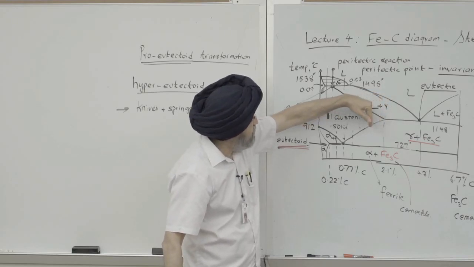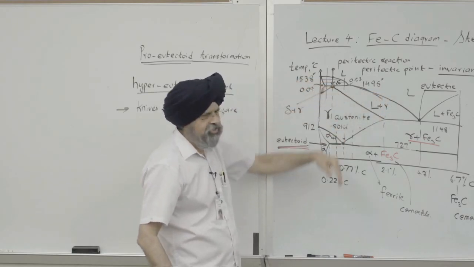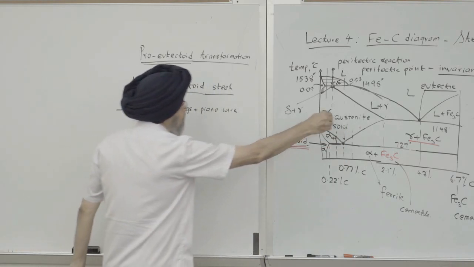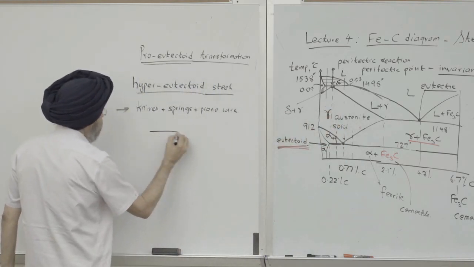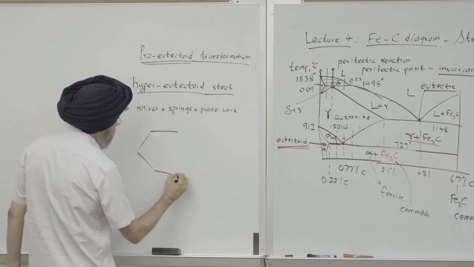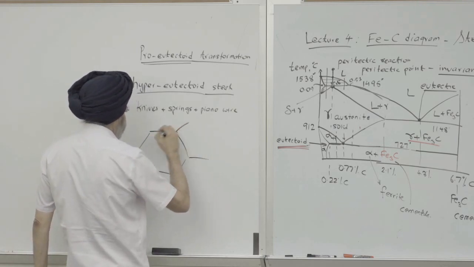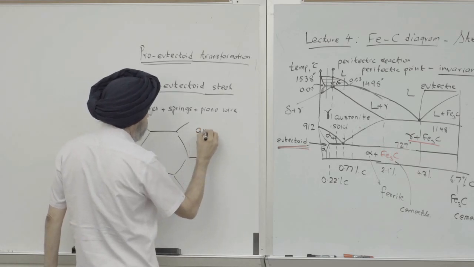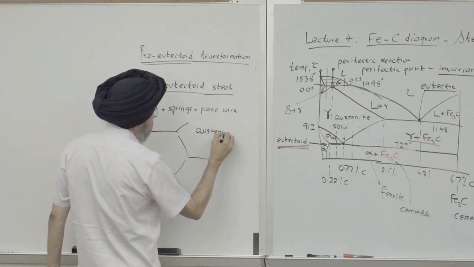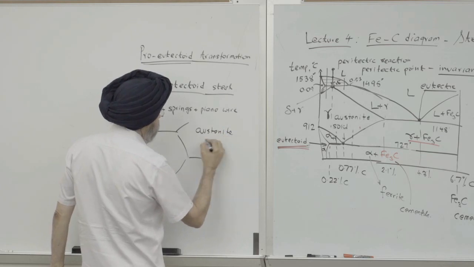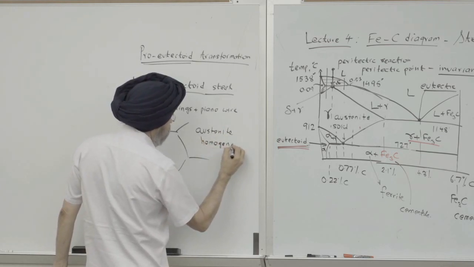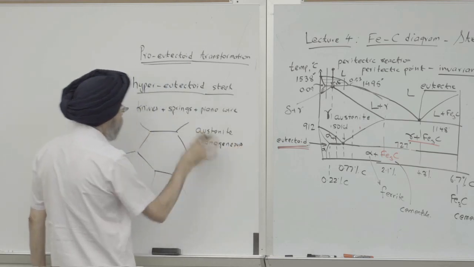So right now, we're in the austenite region, let me again draw an equiaxed structure. It's easy to draw like this. So this is austenite, and I would say this is homogeneous. It is just one phase.